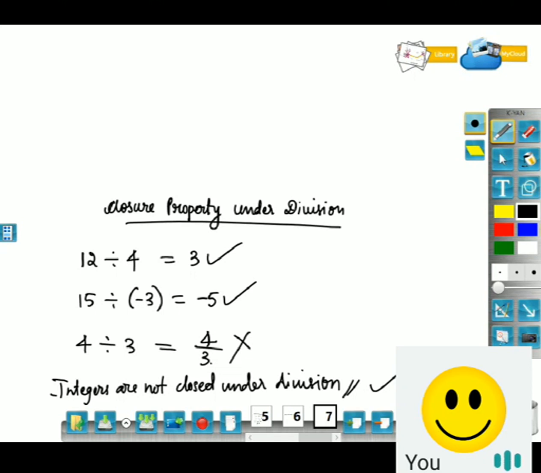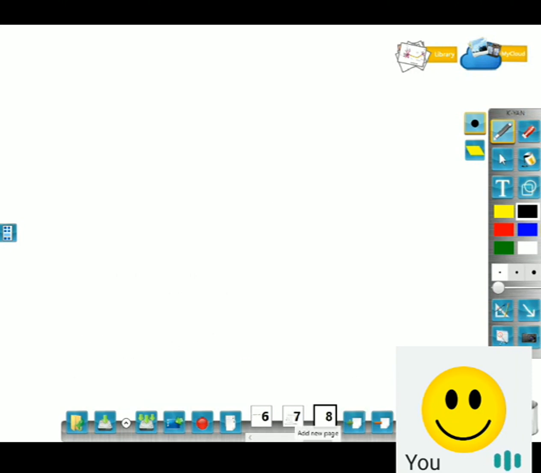Distributive property. Okay, I will repeat that one. Distributive property will be there only for multiplication. Okay, so distributive property of multiplication over addition and over subtraction. Okay, so let me explain that.